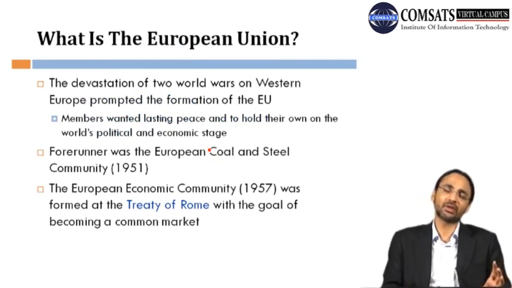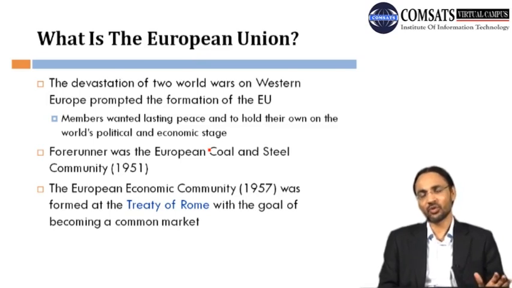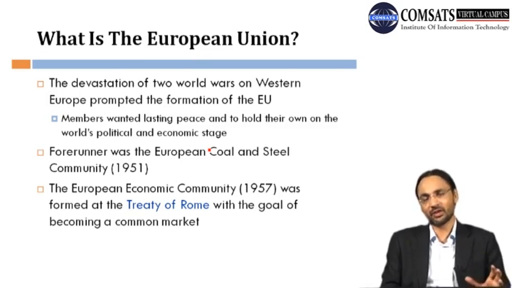Now we will see how they formulated the European Union. The first point is that the devastation of 2 world wars on Western Europe prompted the formation of the EU. Members wanted lasting peace and to hold their own on the world's political and economic stage. The first motivating factor of the EU was that Europe had experienced 2 world wars.